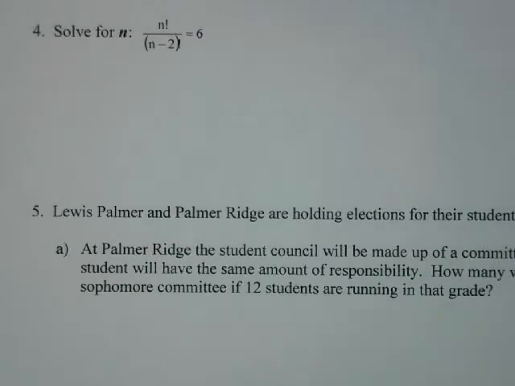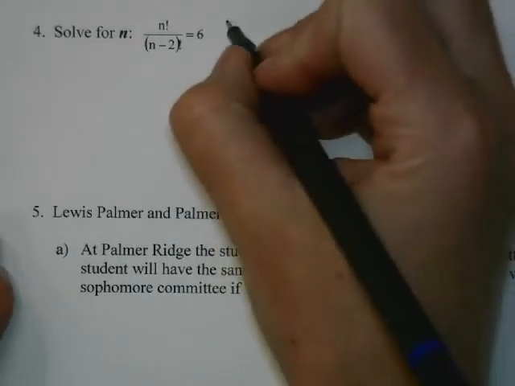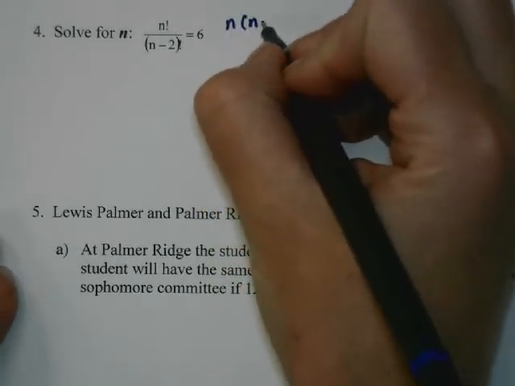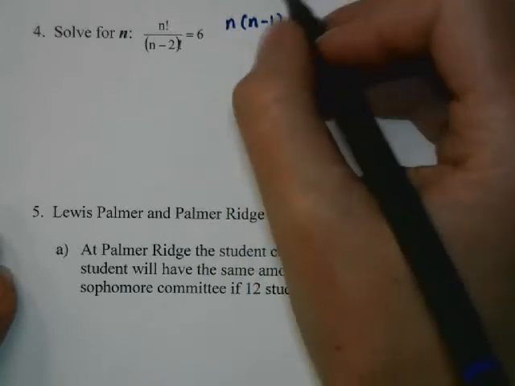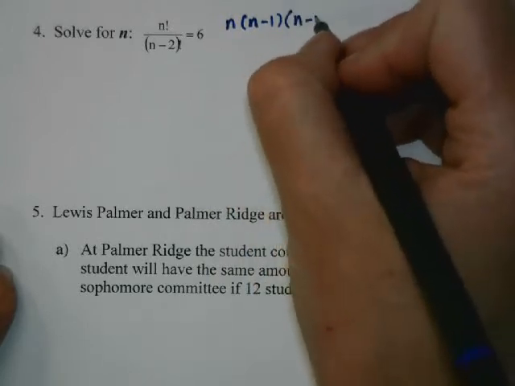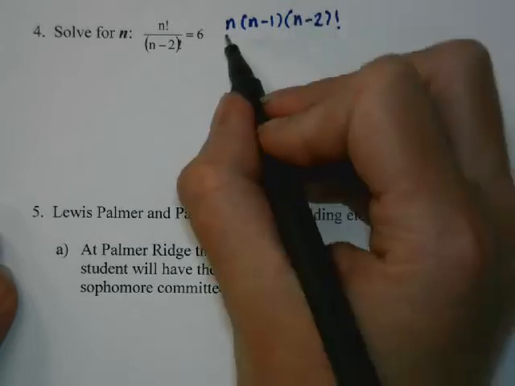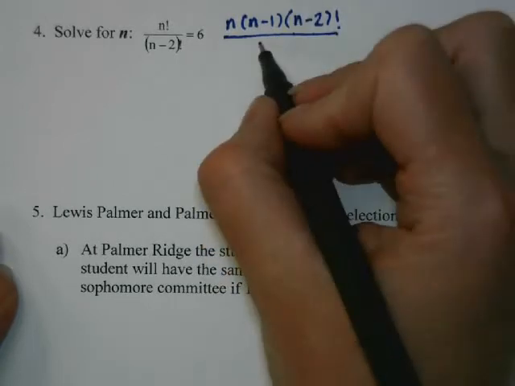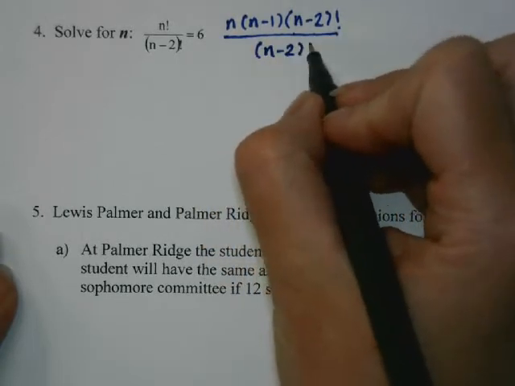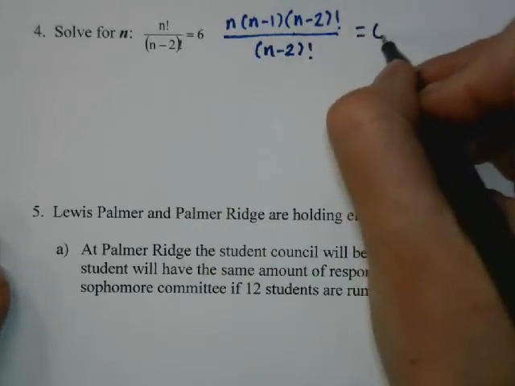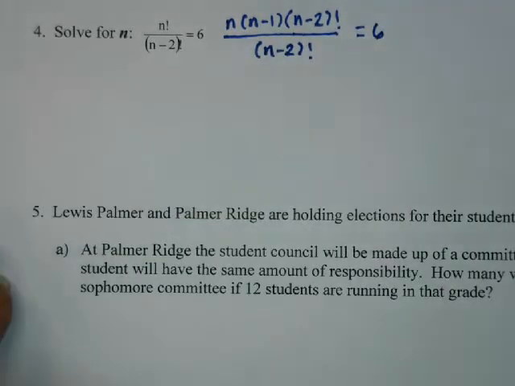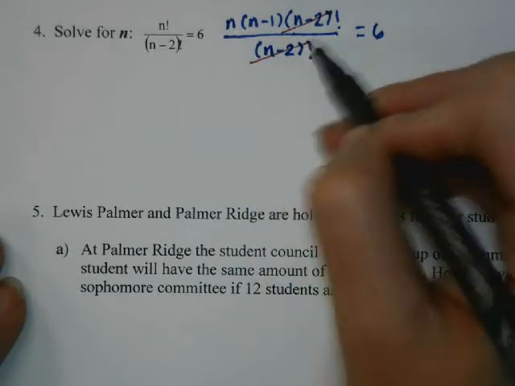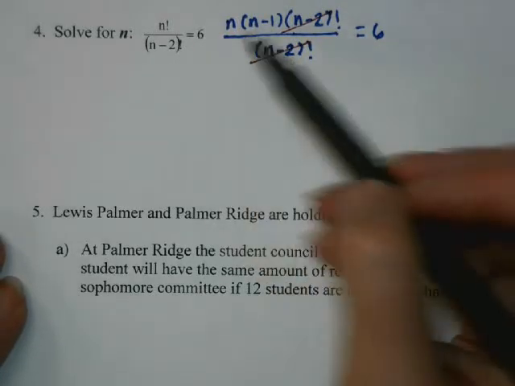So this one we're going to do something similar. I'm going to take the bigger one and write it in terms of the smaller one. So we'll have n times n minus 1 times n minus 2 factorial over n minus 2 factorial. This is equal to 6. So I'll FOIL this out.